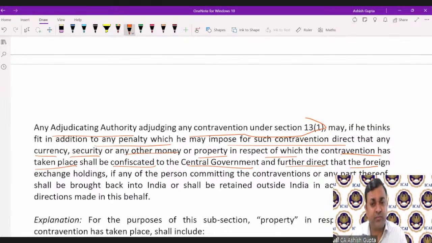It may further direct that if the person is holding any foreign exchange which is not possible to realize and repatriate into India, the person can hold that amount with their authority for our benefit, right?